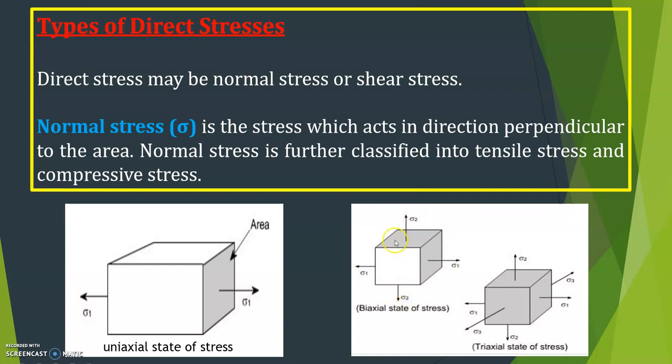In the triaxial state of stress, there are three mutually perpendicular normal stresses as shown in the figure: sigma 1 in the x direction, sigma 2 in the y direction, and sigma 3 in the z direction.